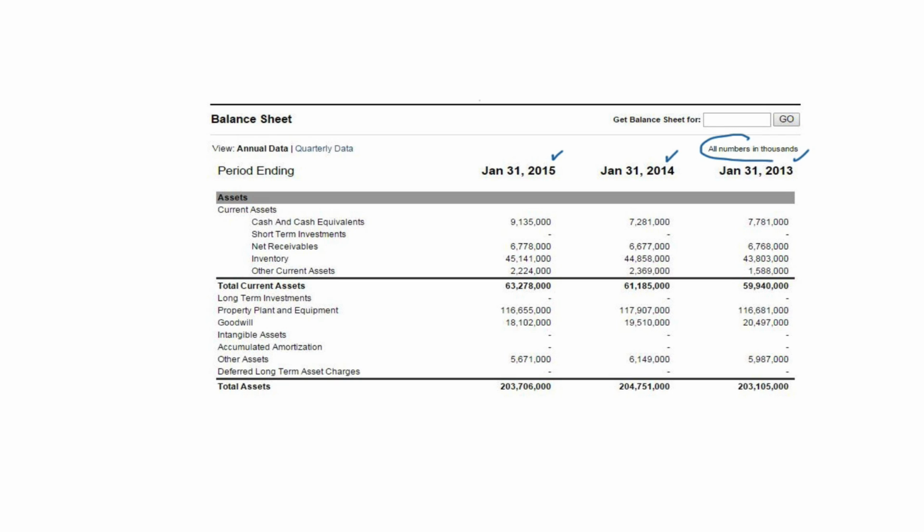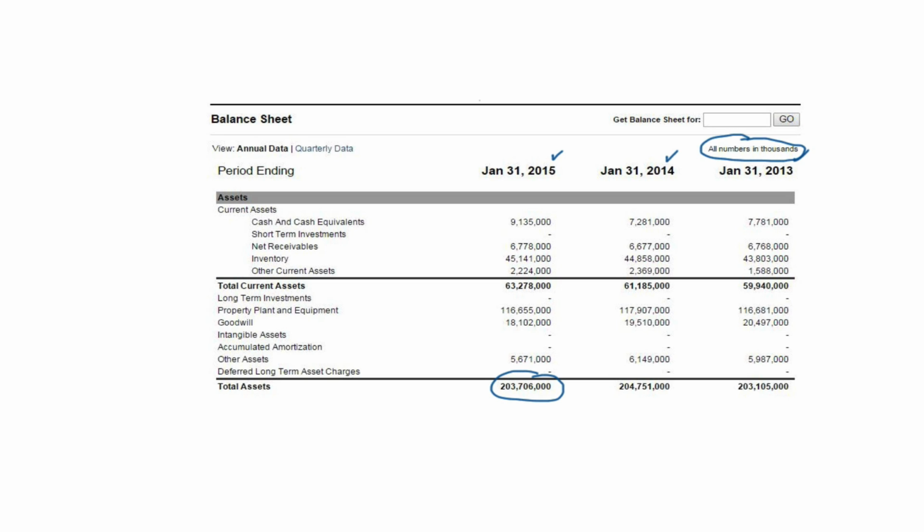Now, notice here where it says all numbers in thousands at the very top. This is an important thing to key in on. For example, looking at the very bottom, Walmart's total assets, it says $203 million. That actually represents $203 billion in assets, or a little bit north of that figure. Usually on financial statements, you're going to see all numbers in thousands.